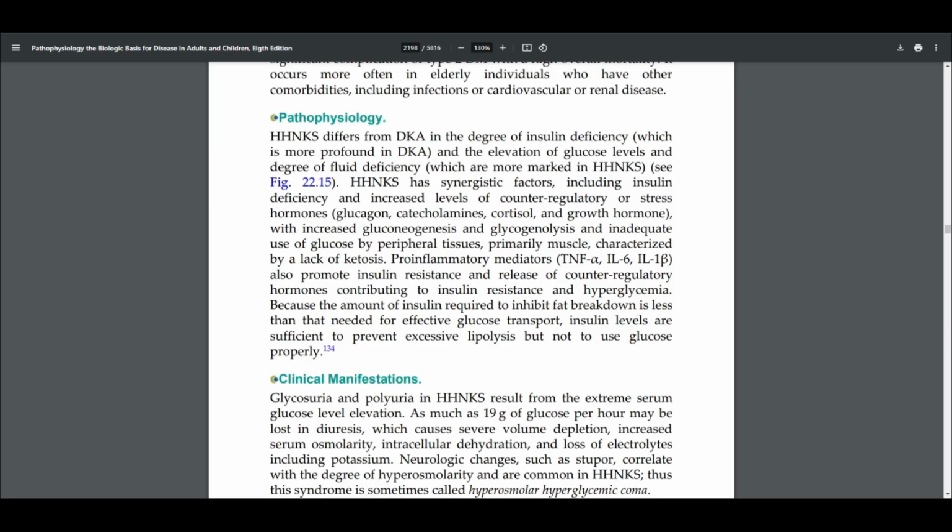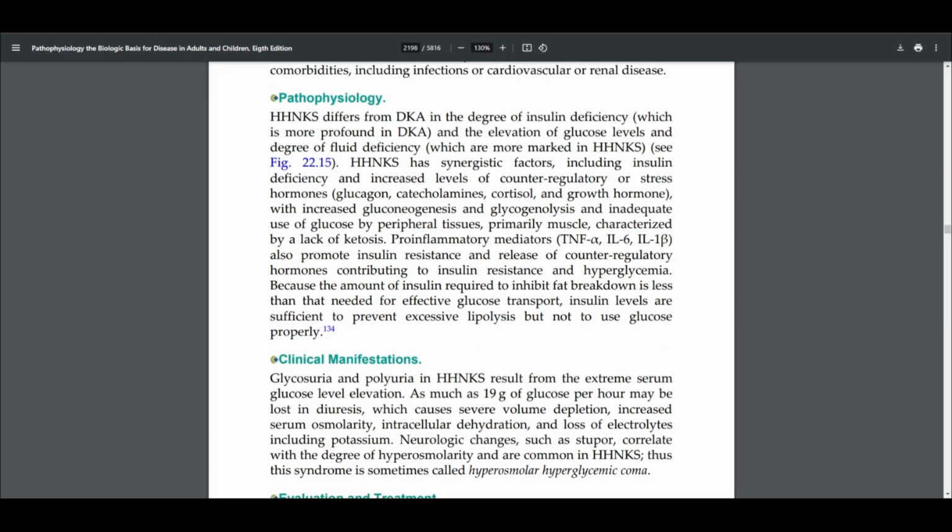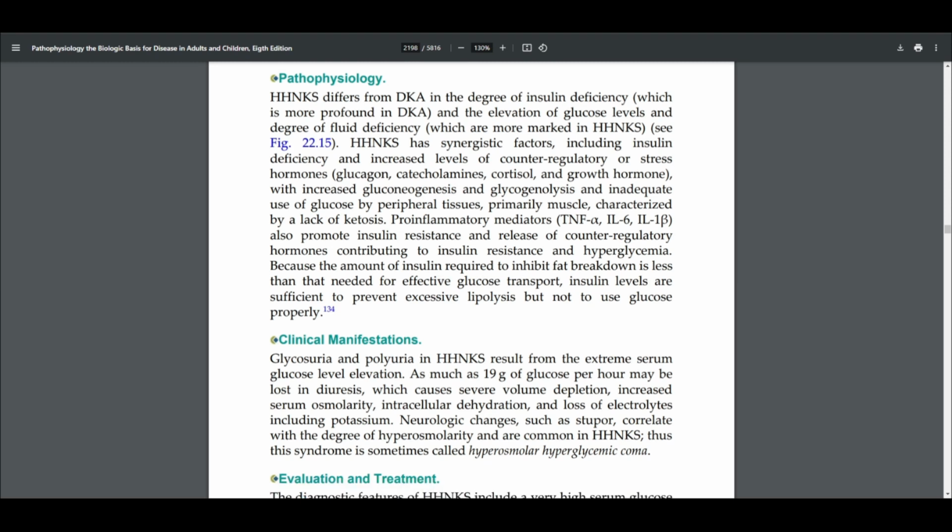Your pro-inflammatory mediators, tumor necrosis factor alpha, interleukin 6, and interleukin 1 beta, also promote insulin resistance and release of counter-regulatory hormones, contributing to insulin resistance and hyperglycemia.